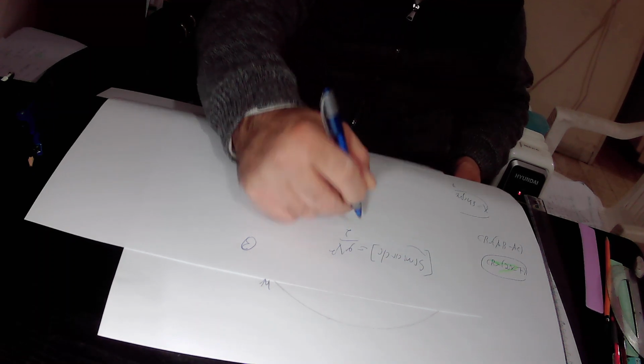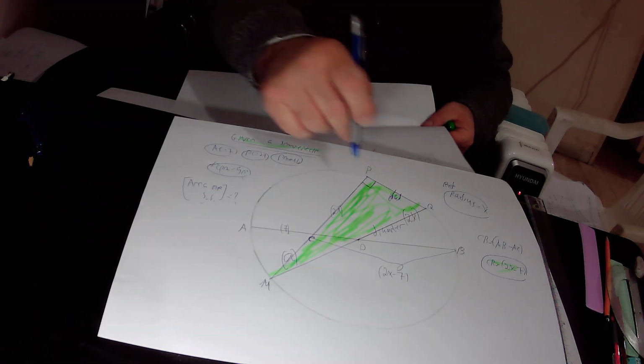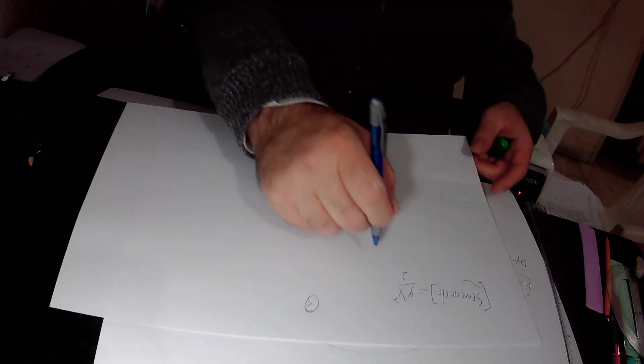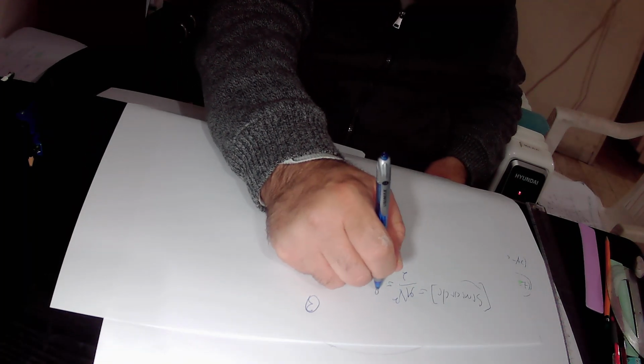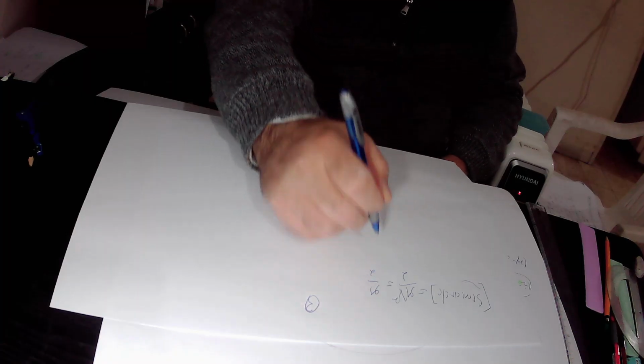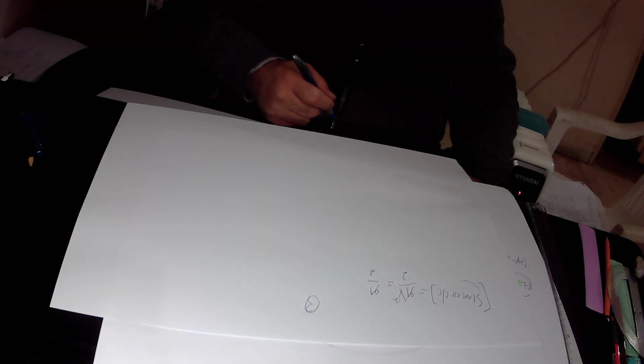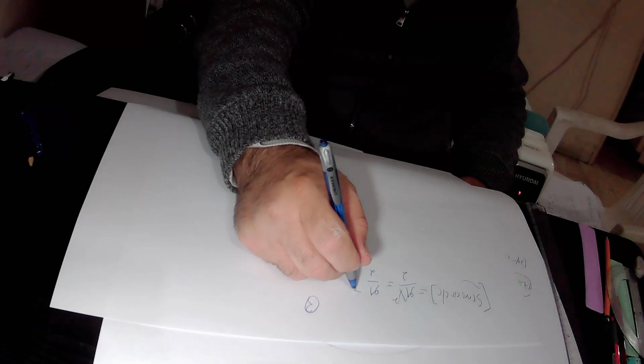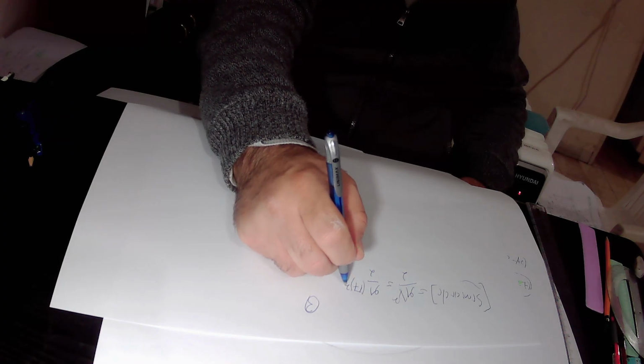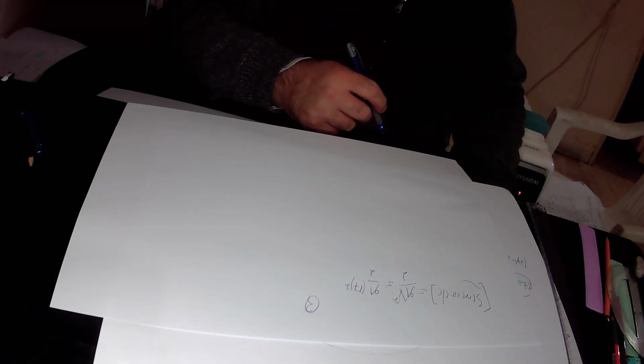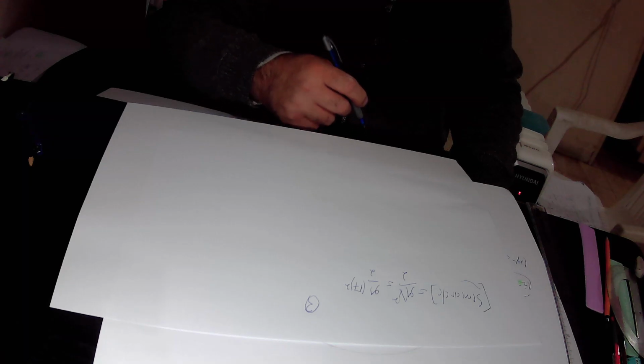So it is pi over 2 times x squared. X is 17, therefore x squared is 17 squared. So we found out that the area of the semicircle equals pi times 17 squared over 2.